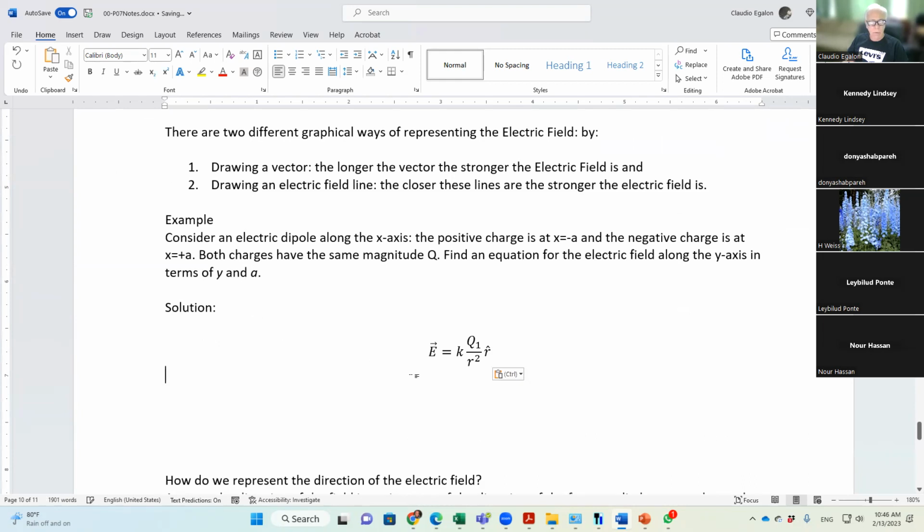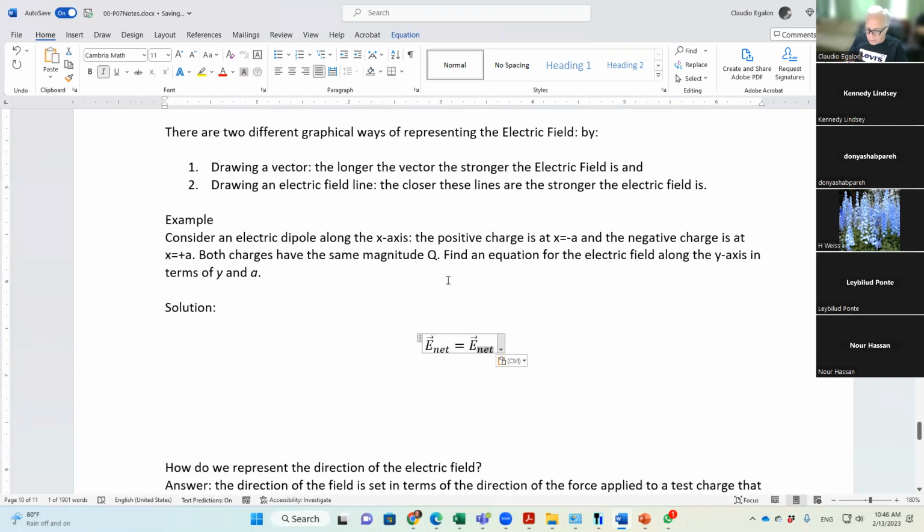The net electric field is equal to the electric field of the positive charge plus the electric field of the negative charge, right? Make sense? We're gonna add those two vectorially.